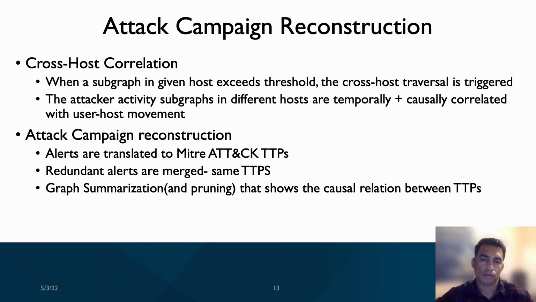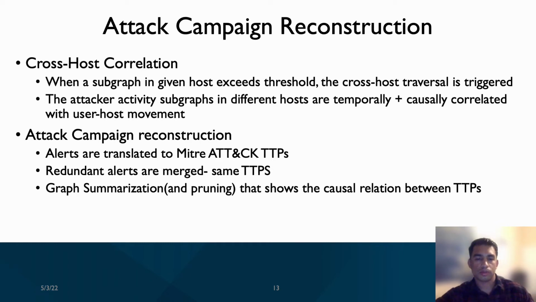We keep track of the score for each of these subgraphs, and we also merge them and update them if necessary. So when one of these subgraphs has a risk score that exceeds the user-defined threshold, or if the subgraph is risky enough, then we trigger the cross-host traversal.